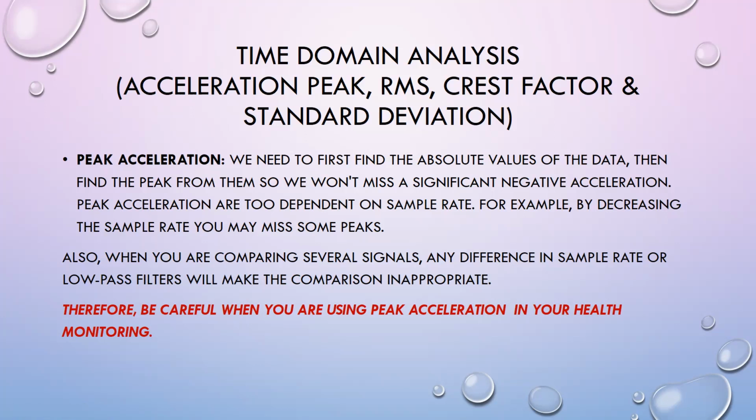So we should consider all of the peak points in your acceleration, and easily you can write a code to extract the peak points, but there is a lot of software that you can use for this analysis.